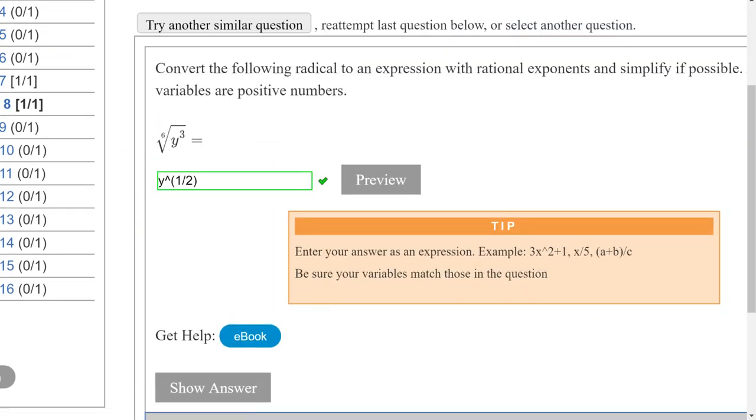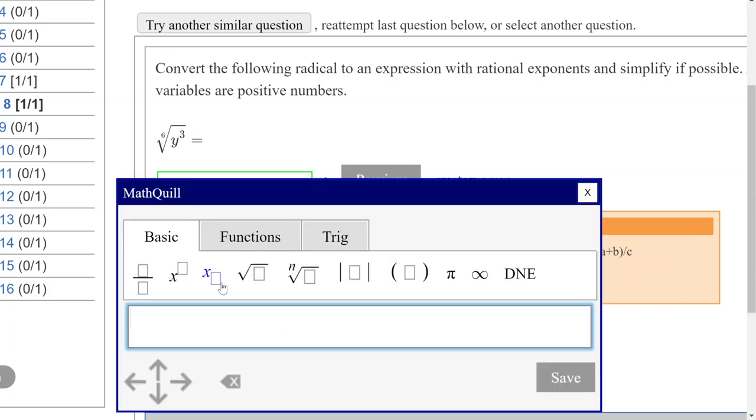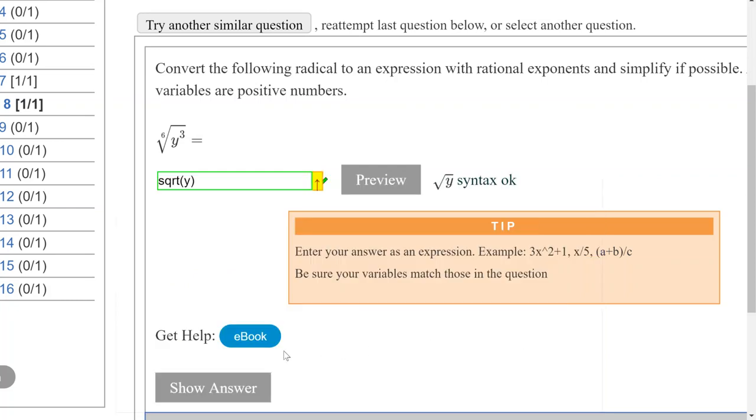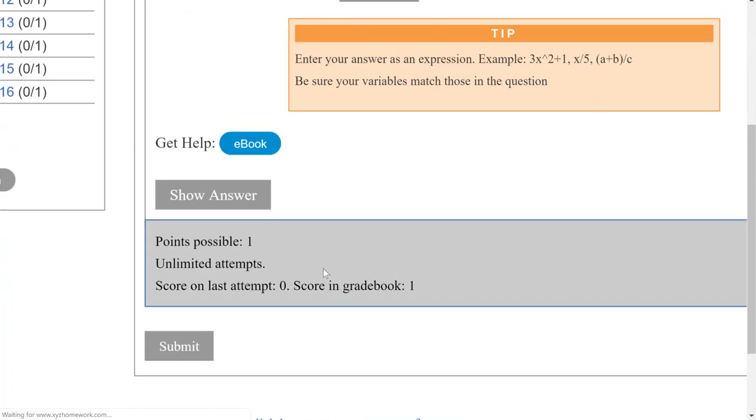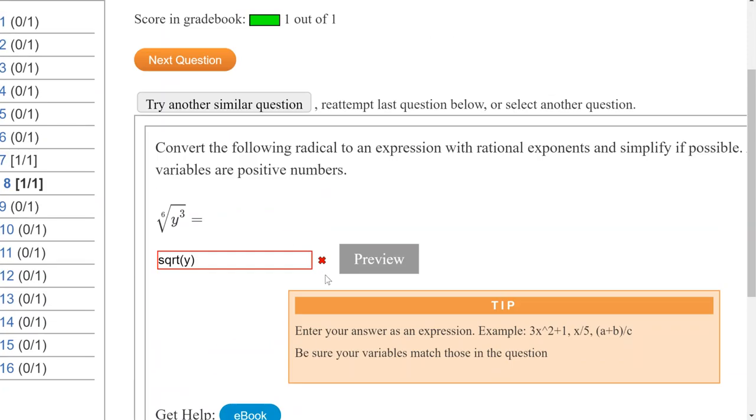Now notice I'm going to go ahead and write square root of y, because y to the 1/2 and square root of y are the same, but the computer's going to mark me wrong. Not because I'm wrong. Here's square root of y. Submit. And you see how it's wrong.